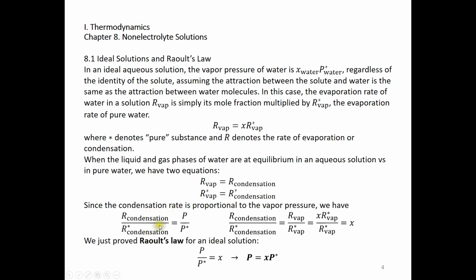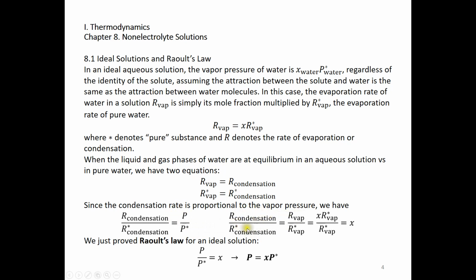And then we have this equation, the condensation rate of an ideal aqueous solution over the condensation rate for pure water is just P over P star. P is the vapor pressure of water in a solution. P star is the pressure of pure water. And because of this, we can write out this equation because the condensation rate is equal to the evaporation rate.